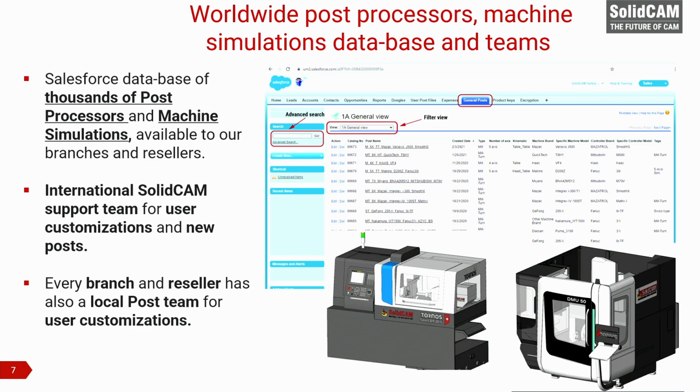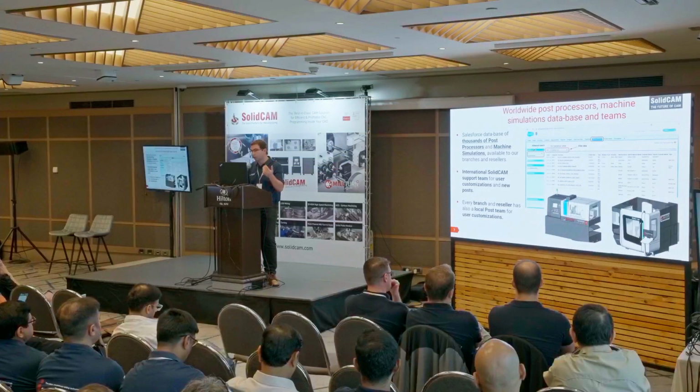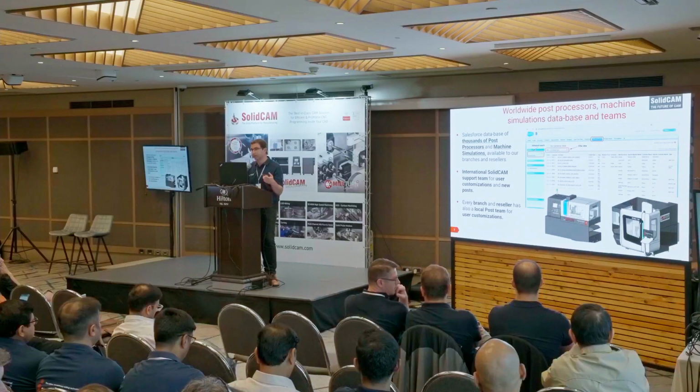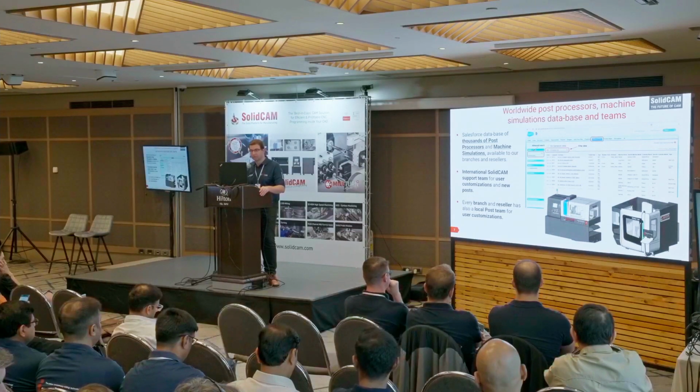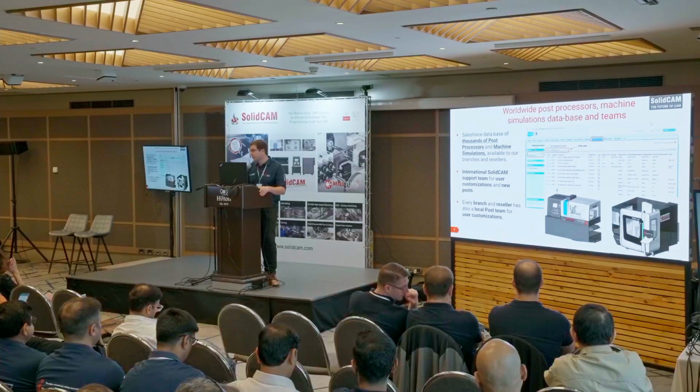Because of the large network, we have behind us a huge post-processor database with local, highly qualified and skilled teams all around the world. This is also a differentiator of SolidCAM. When we see this assembly, we can believe that SolidCAM is really capable of running any machine around the world.